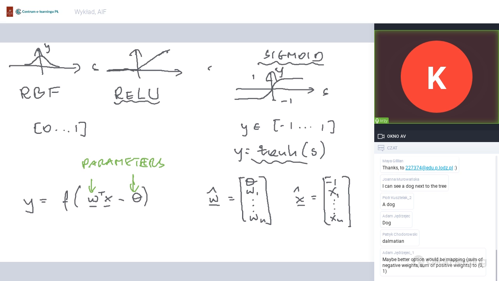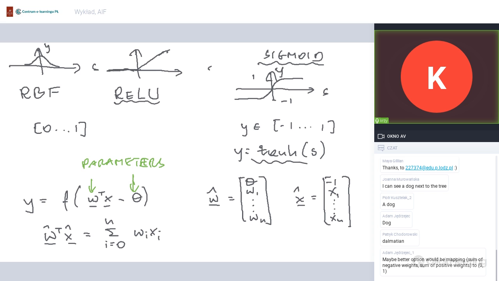So observe that now if I compute a dot product between these two vectors, and dot product is just a sum, now it starts from 0 through n. It's just a sum of products of corresponding entries.